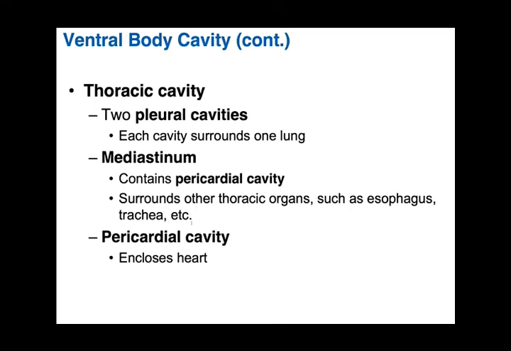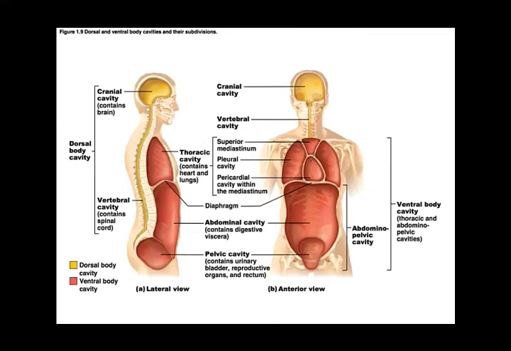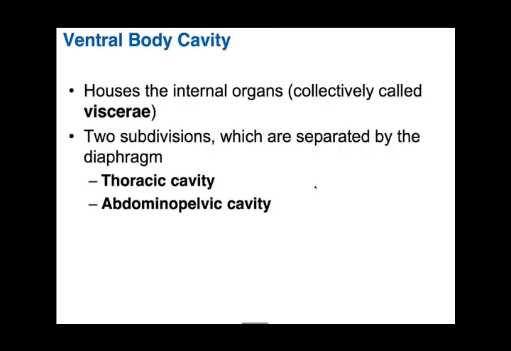The mediastinum also surrounds the other thoracic organs such as the esophagus, trachea, etc. Now, when we talk about the pericardial cavity, it is clearly understood that it is enclosing our heart.